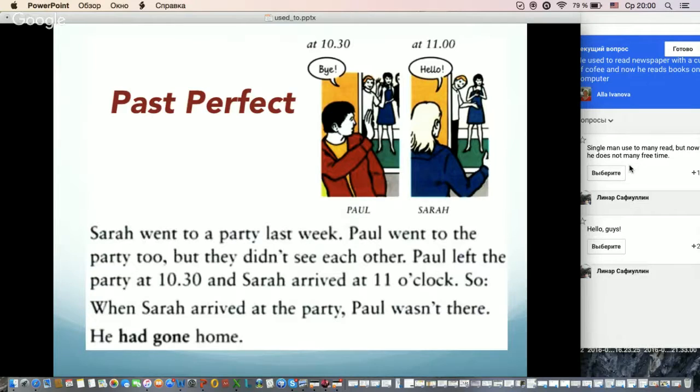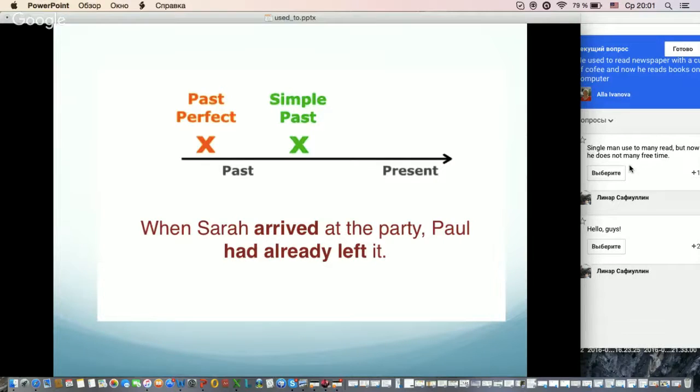So what does that mean? It means that when Sarah arrived at the party, Paul wasn't there. He had gone home. Таким образом, когда Сара прибыла на вечеринку, Пола там уже не было, потому что он ушел домой. Итак, в нашем примере иллюстрируются два действия. Одно действие у нас указано в past simple, другое в past perfect.